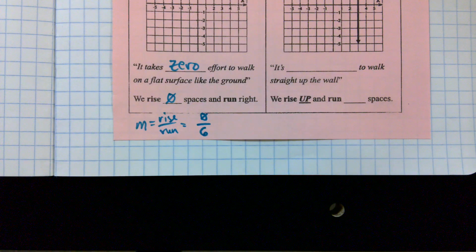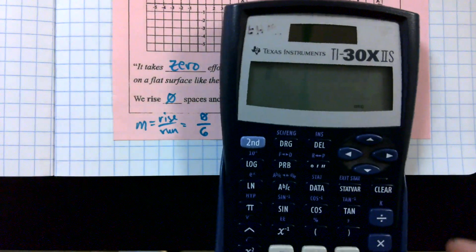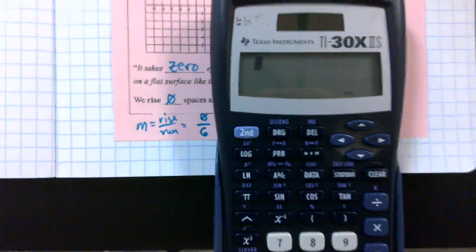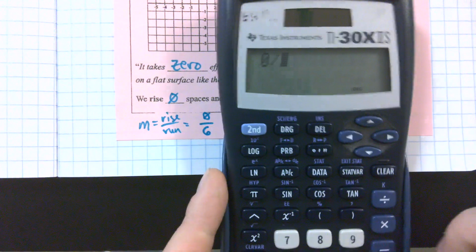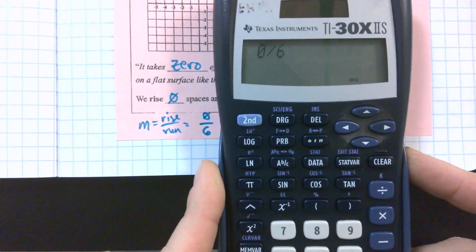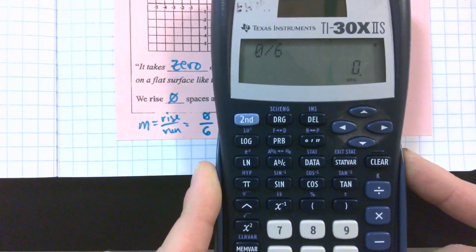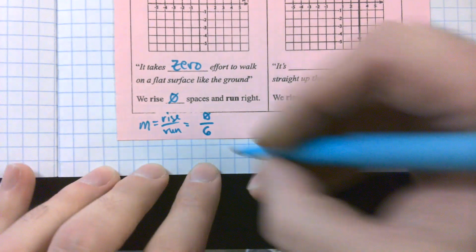Now, 0 over 6. Can we simplify that at all? Well, let's try it out in a calculator and see what we get. If I did 0 divided by 6, you just get 0. Okay?